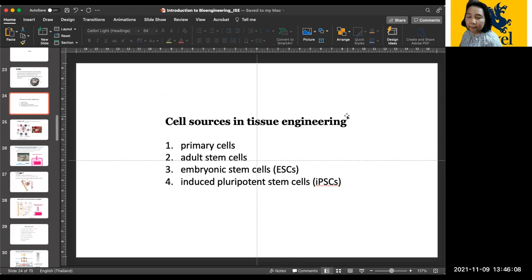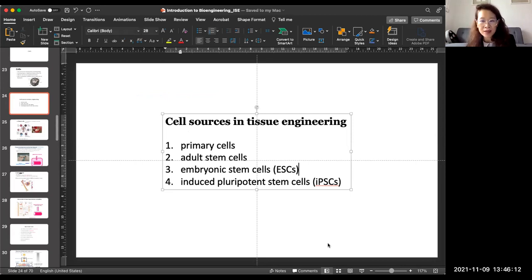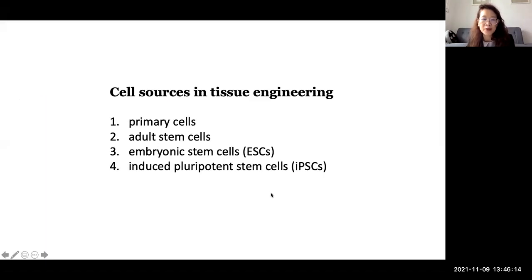Yeah, actually, let's talk this way, because I forgot to mention the drawback of each cell. For example, the first one, the primary cell, is plentiful, but when we take them out and culture them in the lab, they cannot divide or expand forever because they're already aged, right?